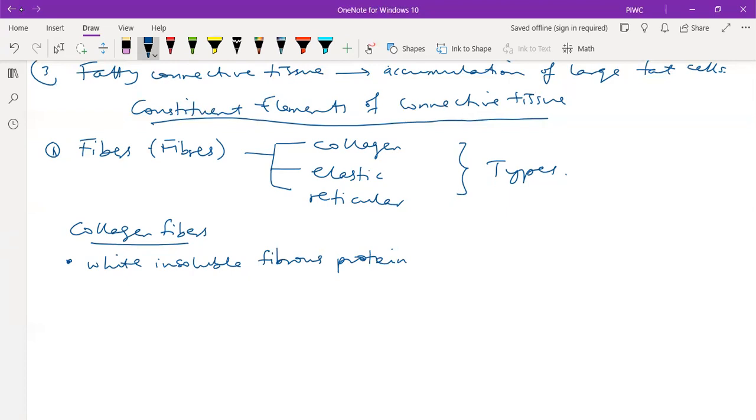Now, when you put this in water, it breaks down to soluble gelatin or glue.